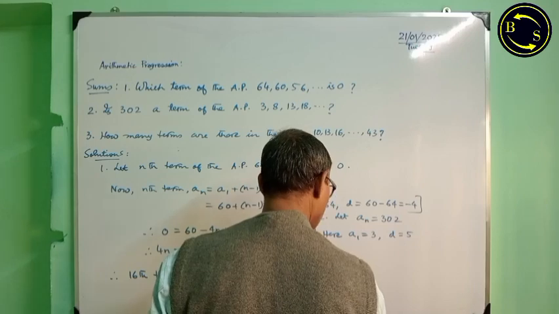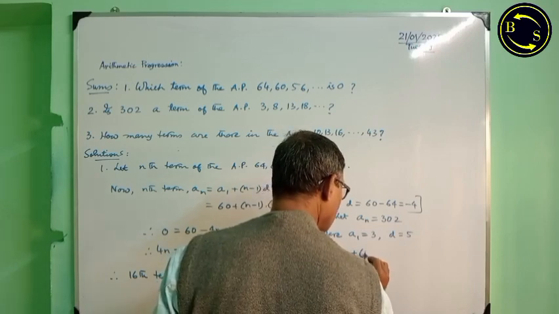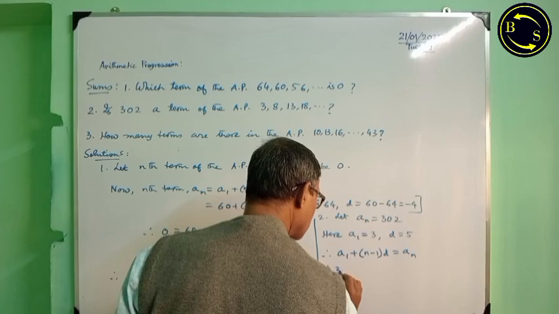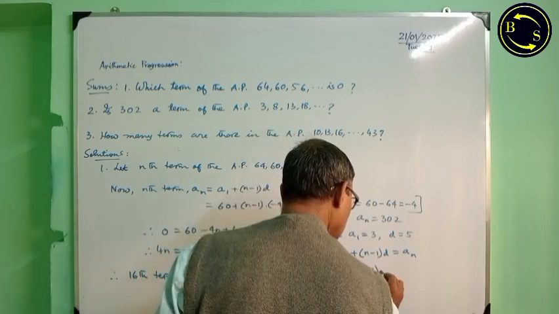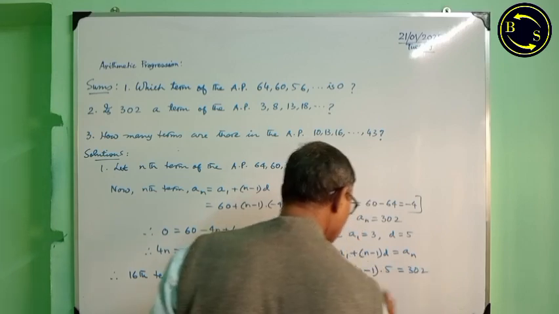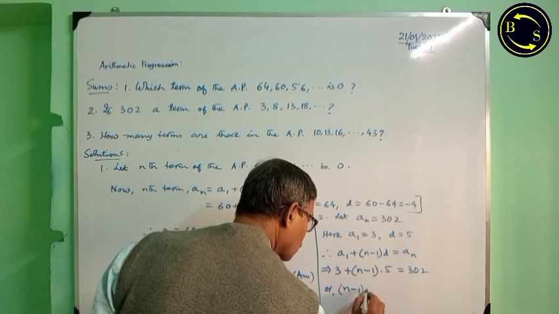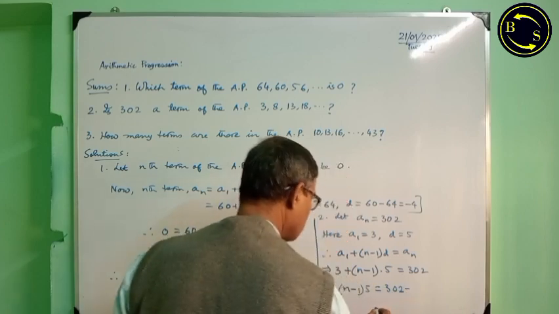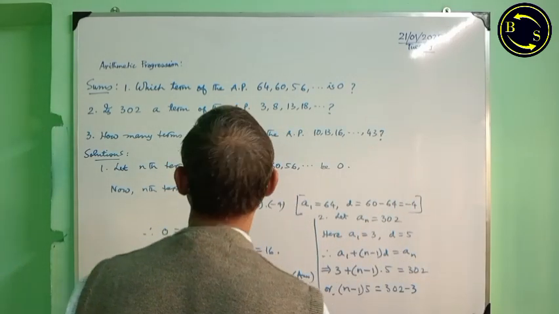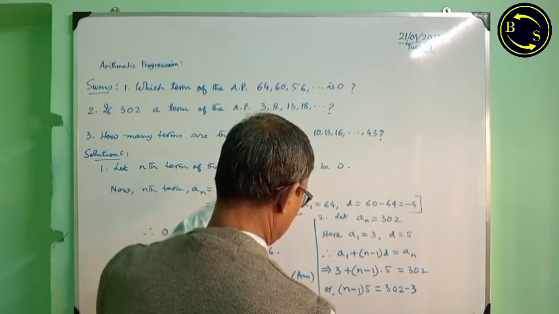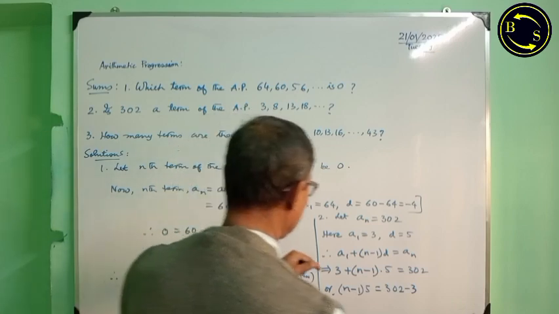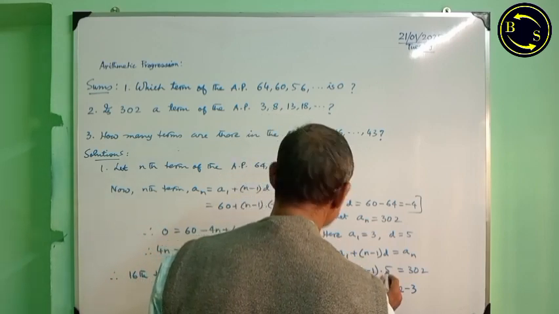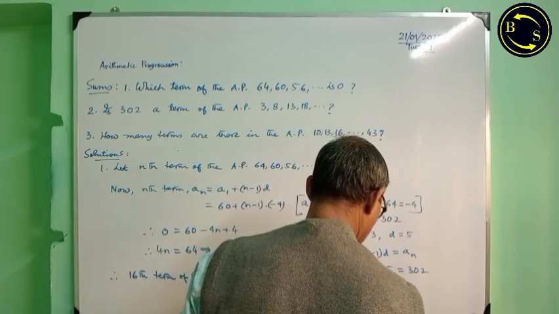Therefore a1 plus n minus 1 whole into d is equal to a_n, putting the value, 3 plus n minus 1 into 5 is equal to 302, or n minus 1 whole into 5 is equal to 302 minus 3. The terms are 3, 8, 13, 18. Okay. 3 plus n minus 1, 5 is equal to 302, so n minus 1 times 5 equals 302 minus 3.